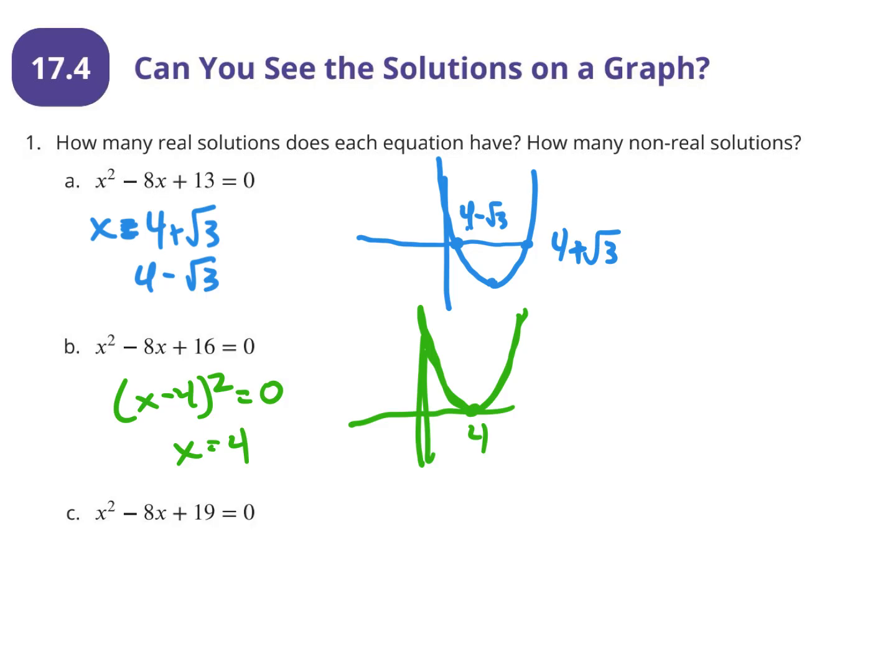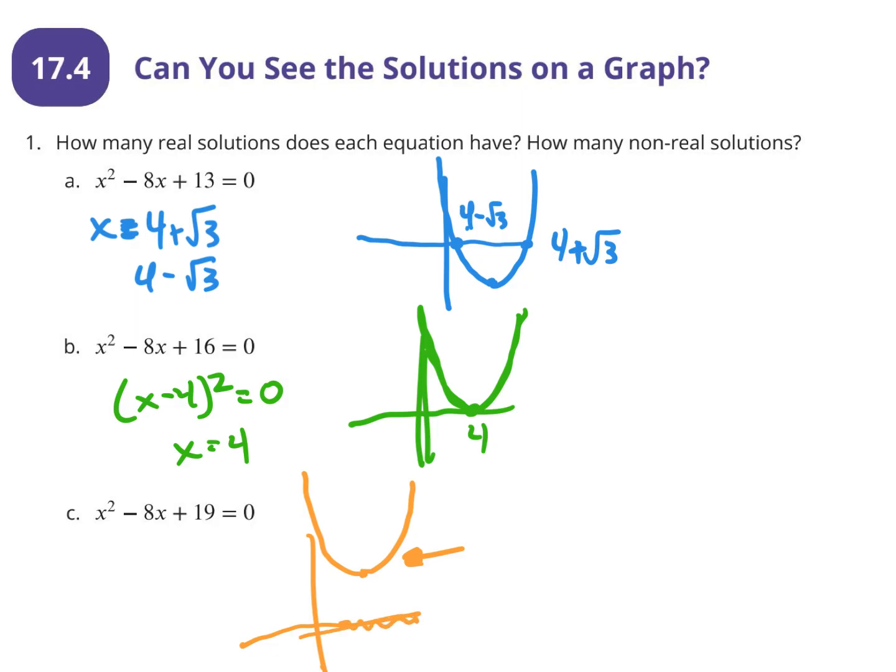And then x squared minus 8x plus 19 looks like this orange graph. So when we say no real solutions, this quadratic graph, this parabola, never touches the x-axis. That's why we say it has no real solutions. It never touches x anywhere.